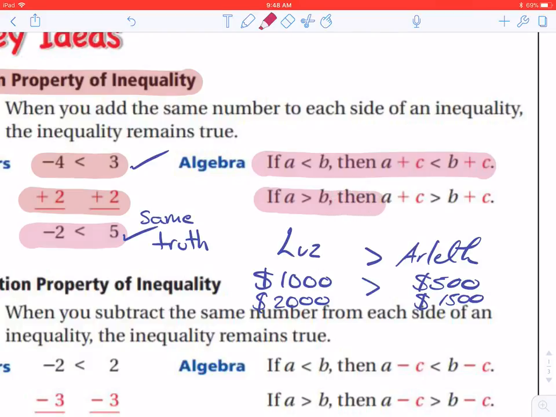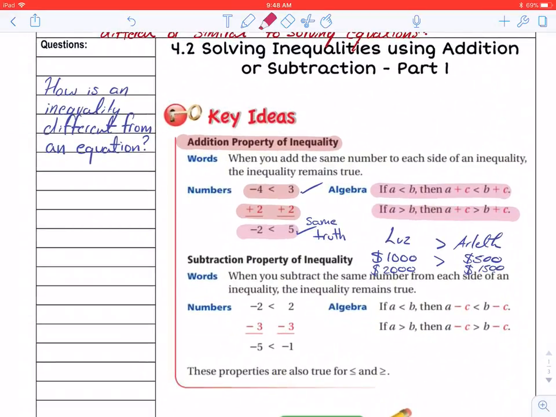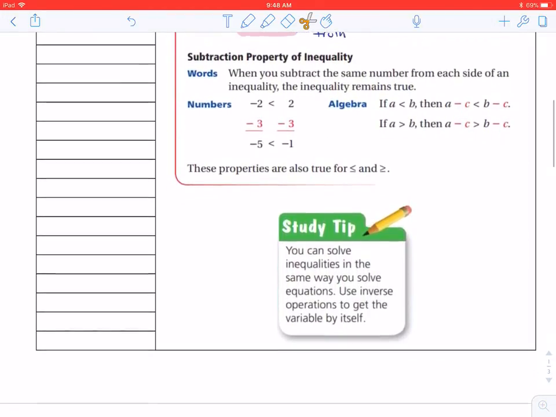If A is greater than B, then A plus C is greater than B plus C. So what this is saying is that the sign in the middle, the comparison, doesn't change. It's still going to be less than, or it's still going to be greater than, depending on what you're adding. And this is going to make a lot more sense as we're practicing. And then the same goes for, and I'm just going to erase this, you don't have to erase this on your paper, but the same goes for the subtraction property of inequality.